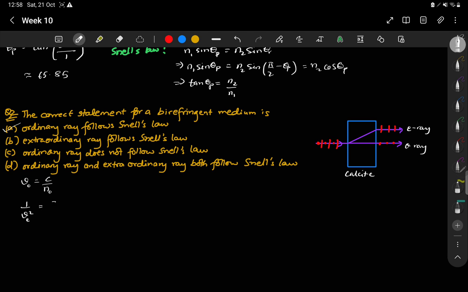And we have the following relation, where theta is the angle between the E ray and the optic axis.